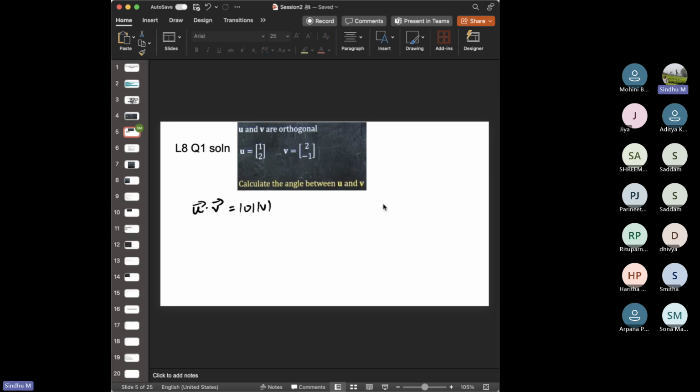The formula for dot product is u bar dot v bar equals mod u into mod v into cos theta. Here mod u is the magnitude of u and mod v will be the magnitude of v, and this theta will be the angle between u and v.